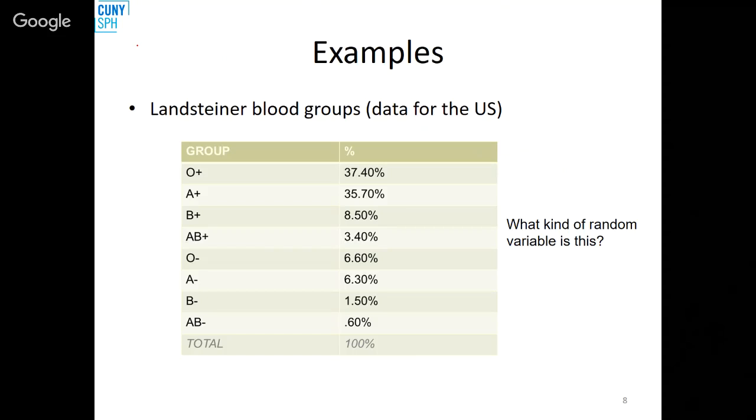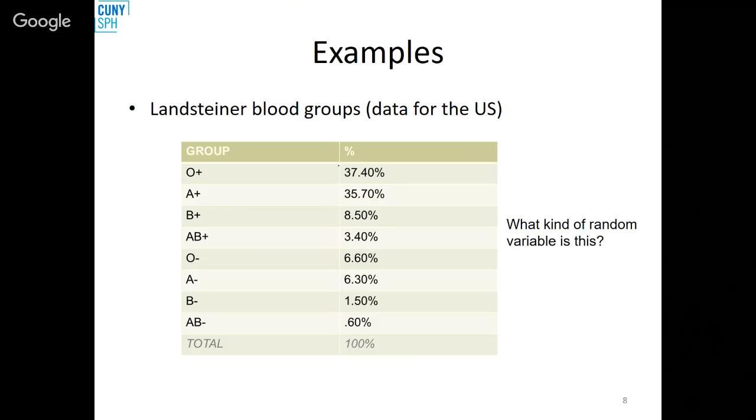The observations would be the same, but I'm not actually talking here about individual observations the way we were before. I'm talking about the probability of these observations. And so I'm talking about a random variable. So the Landsteiner blood groups, the most common is O positive. The second most common is A positive.